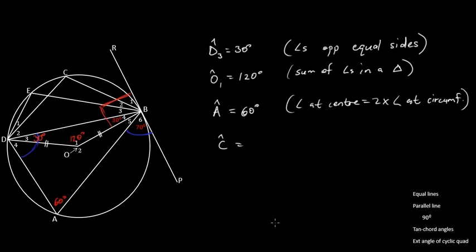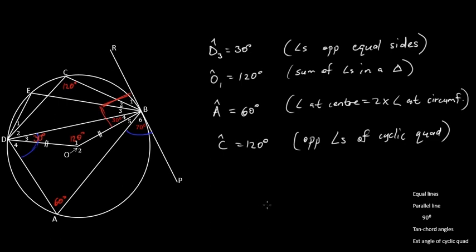So angle C is then 120 degrees. Remember, opposite angles of a cyclic quad are supplementary. 180 minus 60 is 120. Then you have your 120 as a new starting point. Angle C is the new starting point to say what's the relationship between angle C and the angle we are looking for.